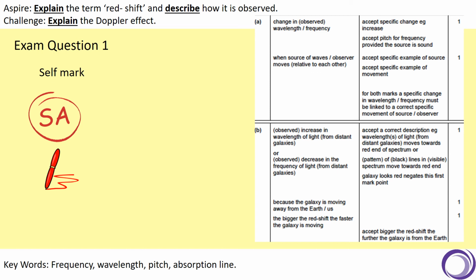You'll notice there on part A that it does talk about observer relative to each other. So if you've got a fire engine that's got its siren on and it's stationary at some lights, but you're moving really quick past it, you'll also notice the Doppler effect, that shift in the pitch as you go past it.